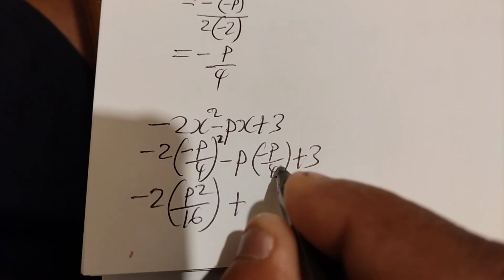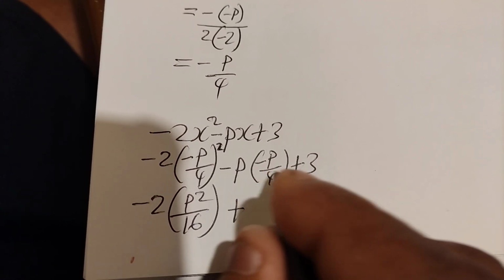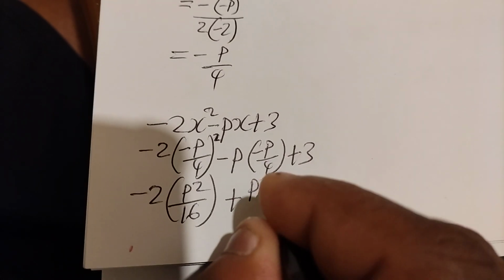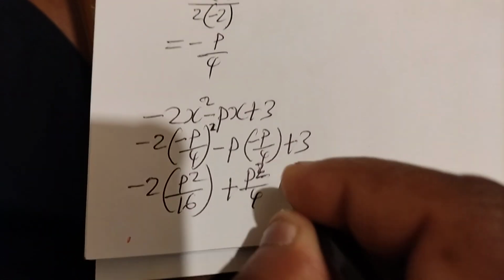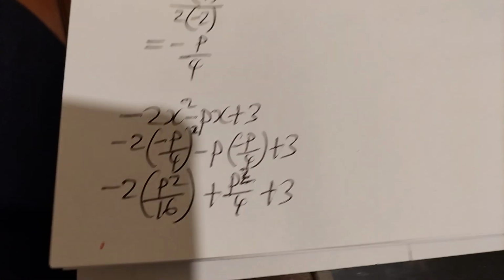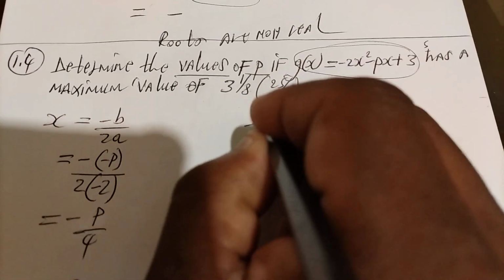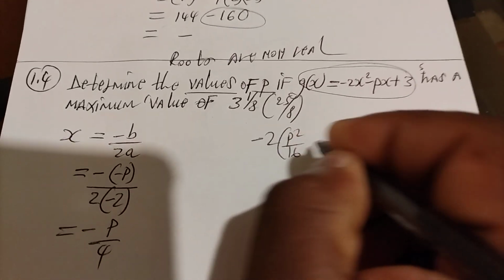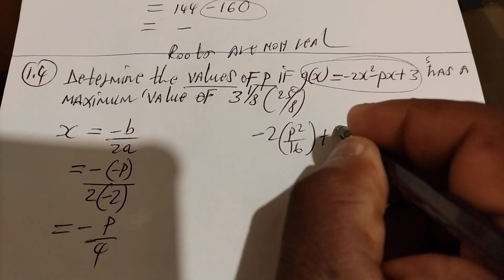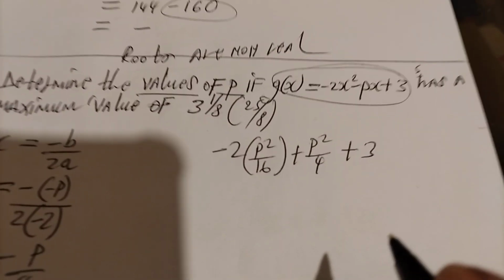Plus, this will multiply in, and this also will give us a p². Sorry about that. p²/4, then plus 3. So remember, it's now -2 times p²/16, plus p²/4, then plus 3.